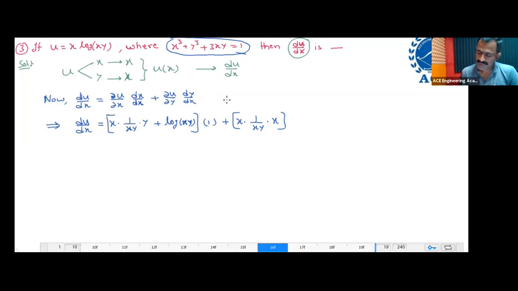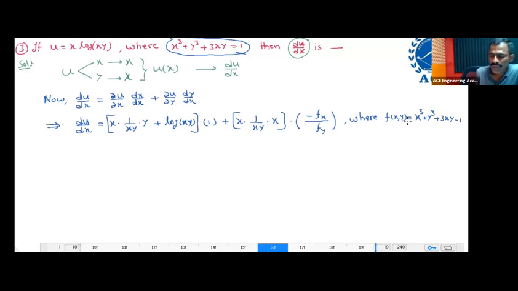This implicit function is given by minus fx by fy, where f of x comma y equal to x cube plus y cube plus 3xy minus 1. It is an implicit function.